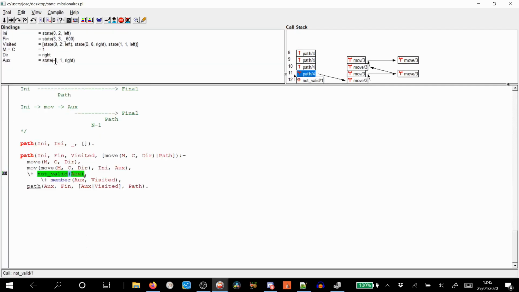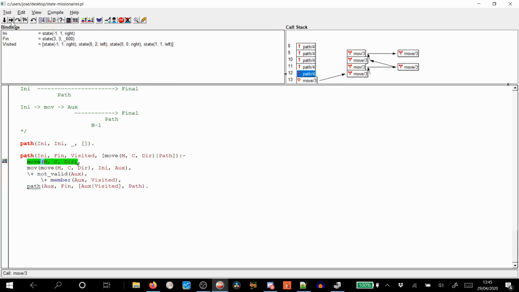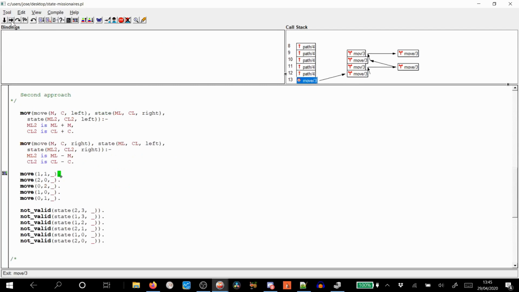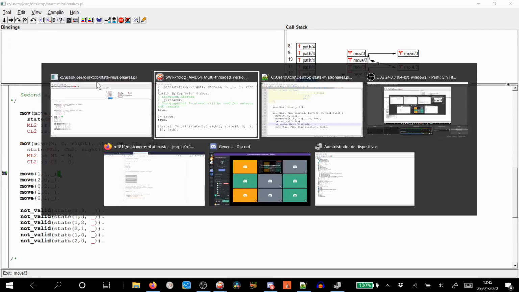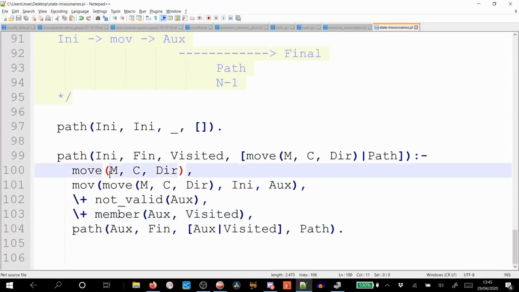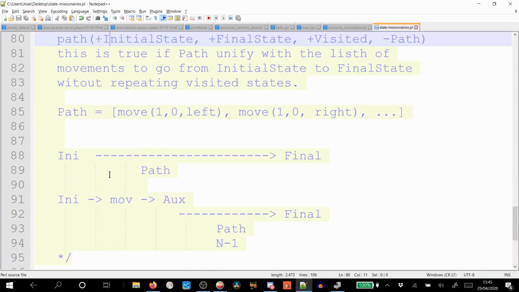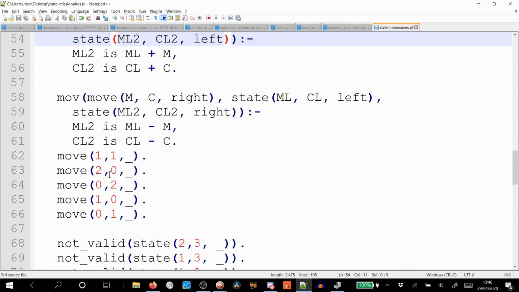Now we have -1. This is not okay. I think I know what the problem is. Let's make one modification here in the code. I think the problem is that it is making many bad options.